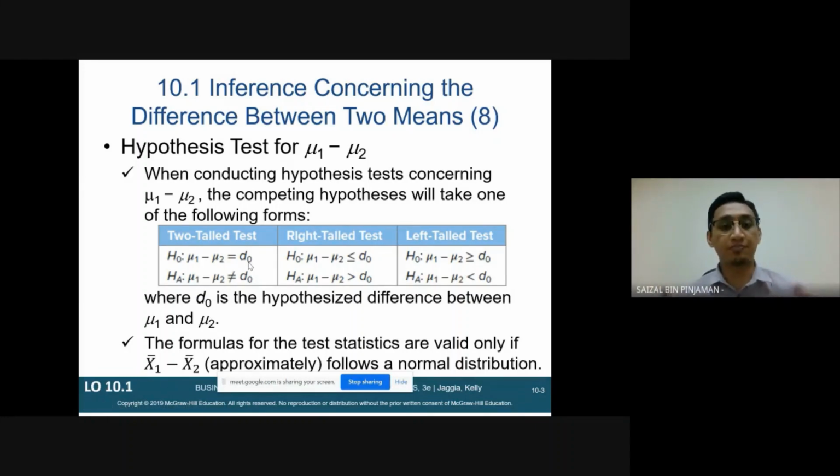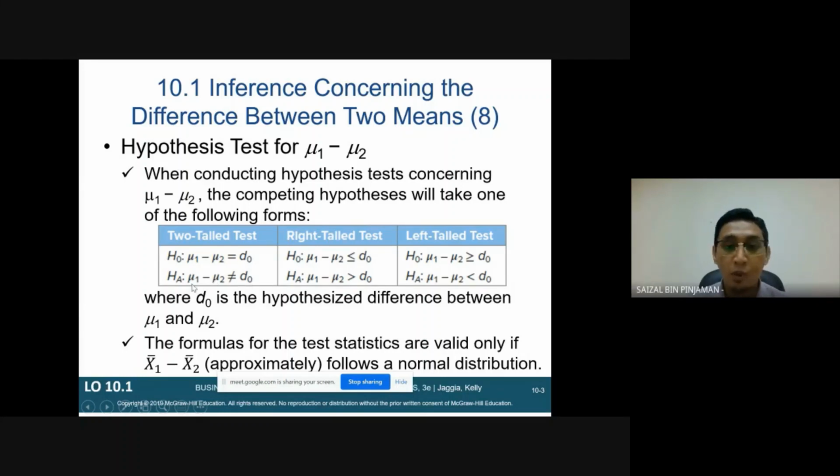Hypothesis alternative always goes against the hypothesis null. If the hypothesis null states that there is no difference between the mean for population 1 and the mean for population 2, the hypothesis alternative states that there is a difference, because it is not equal to the hypothesized difference.